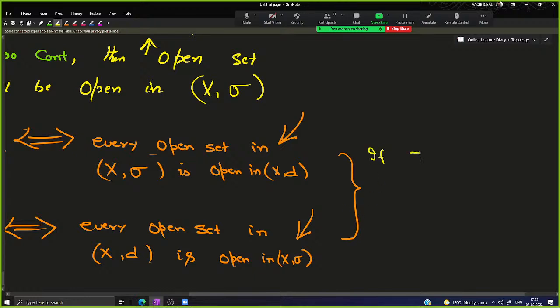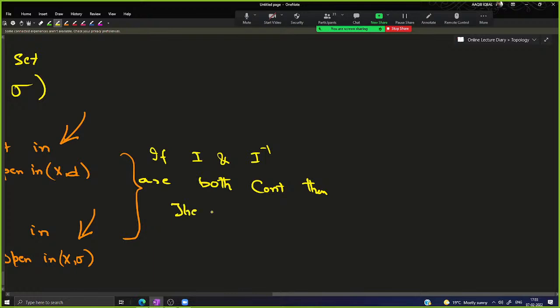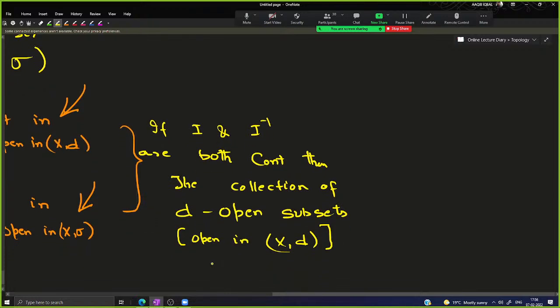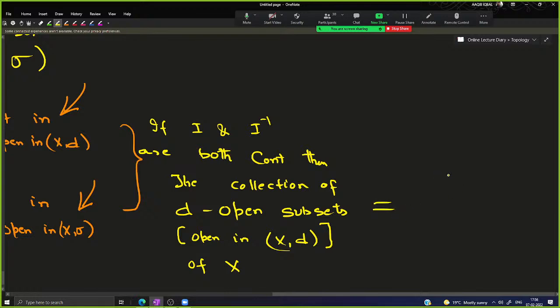Then this will happen: if I and I inverse are both continuous, then the collection of D open subsets of X will be the same as the collection of sigma open subsets of X. When I say D open, it means open in the metric space XD.